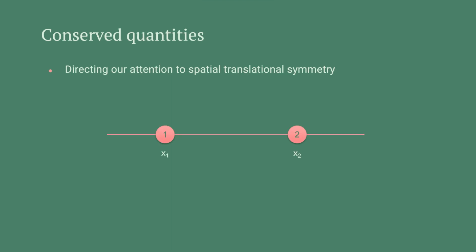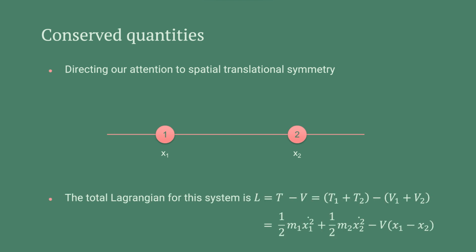Okay, so now we have looked at and understood the basic principles behind this, we're going to look a bit more deeply at the mathematics behind these conserved quantities. So let's have a look at spatial translational symmetry first. Now, the total Lagrangian for this system is, as we've looked at before, T minus V, or kinetic energy minus potential energy.